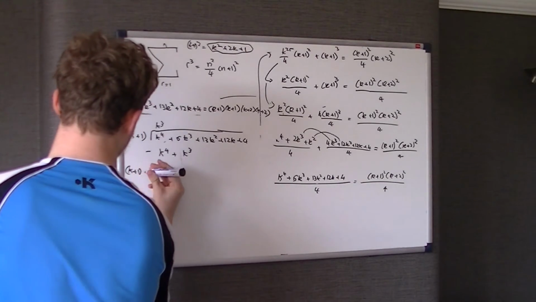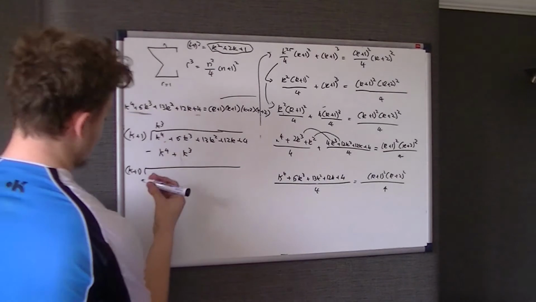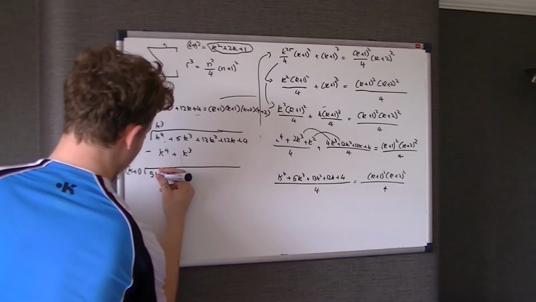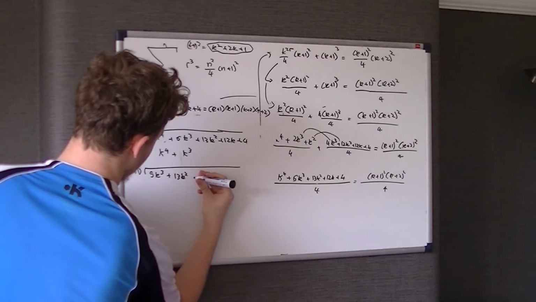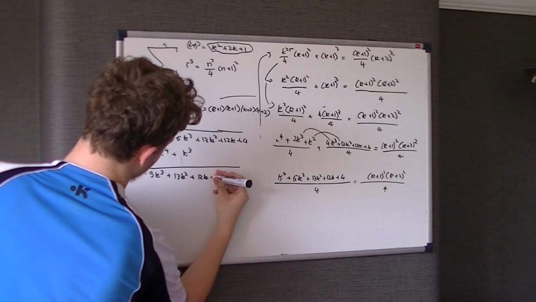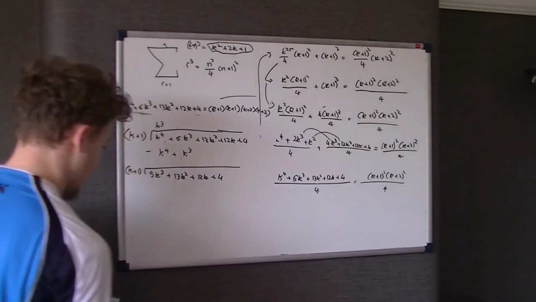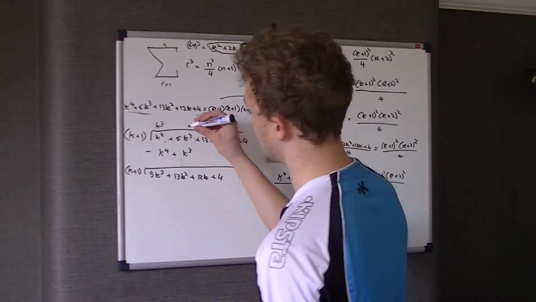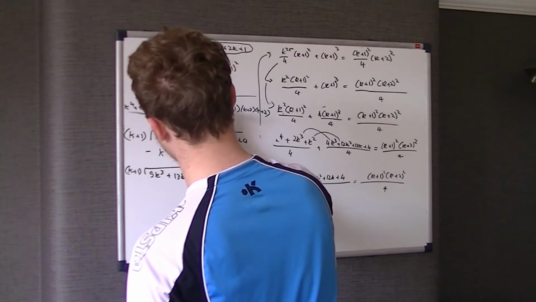So let's just write this out again. The k to the 4's cancel, so we're just left with 5k cubed plus 13k squared plus 12k plus 4. And when we divide 5k cubed by k, it gets us 5k squared. So that's the next part of the quotient: the quotient so far is k cubed plus 5k squared.